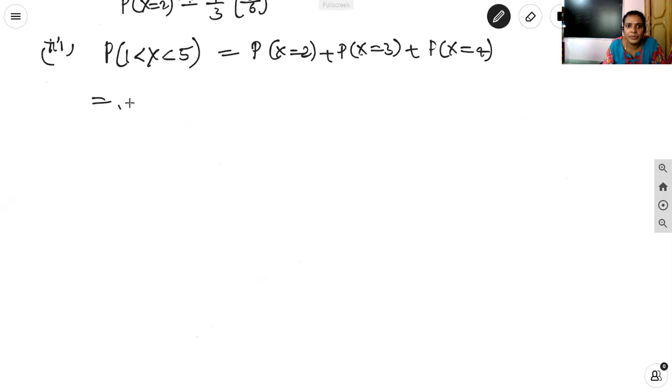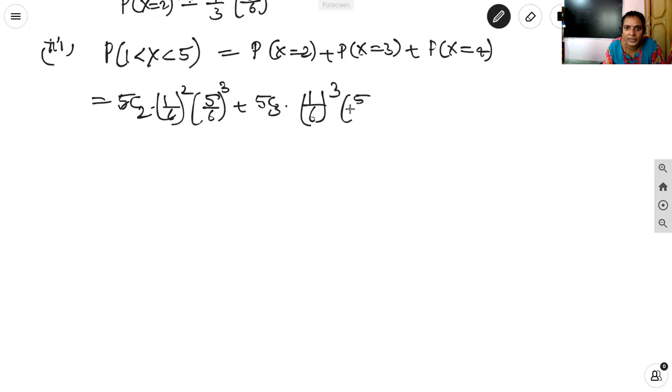X equal to 2 means 5c2 (1/6) whole power 2, (5/6) whole power 5 minus 2 is 3, plus 5c3 (1/6) whole power 3, (5/6) whole square, plus 5c4 (1/6) whole power 4, (5/6) whole power 5 minus 4 is 1.